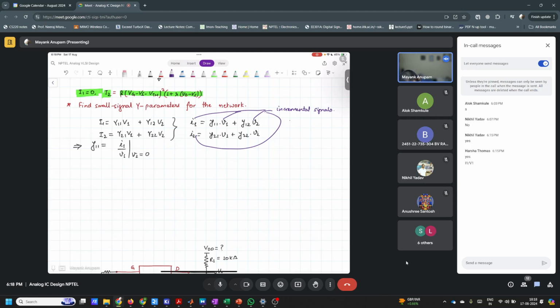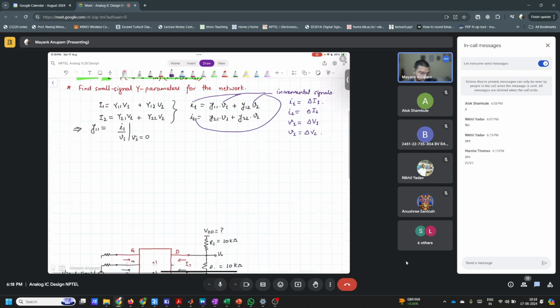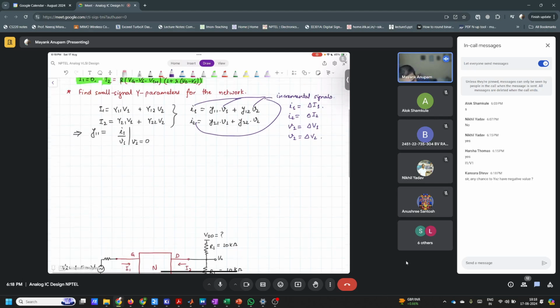So basically i1 is equal to delta I1, i2 equal to delta I2, v1 equal to delta V1, and small v2 equal to delta V2. Okay, so this is how it is.